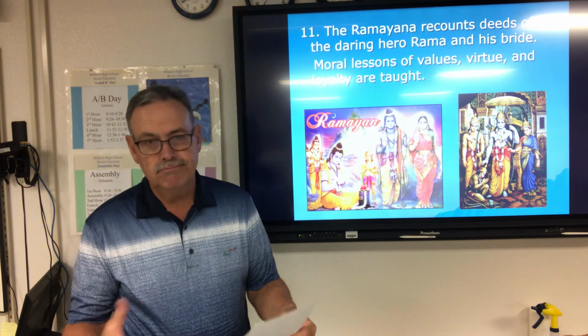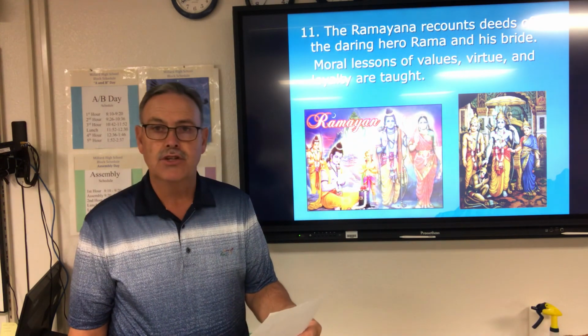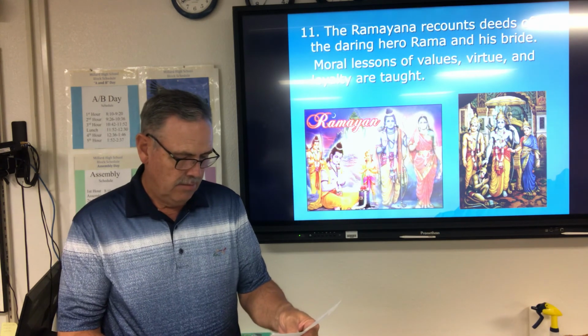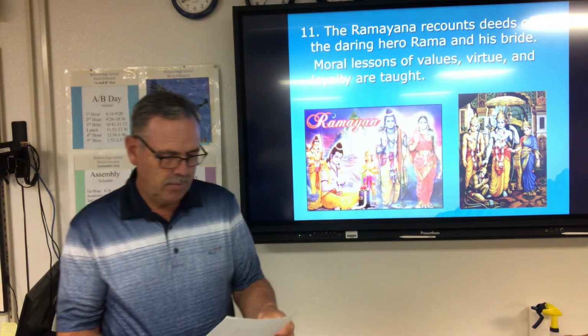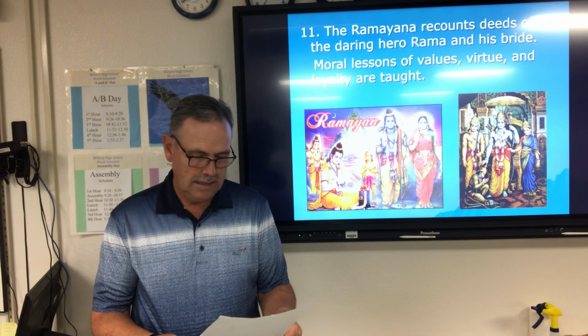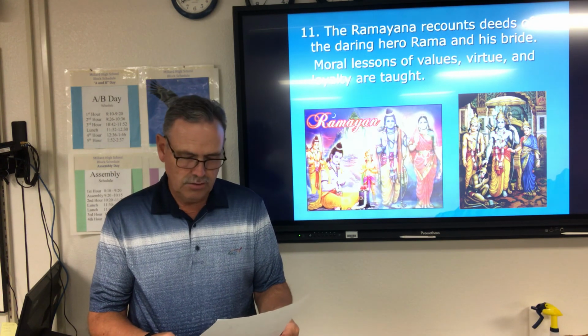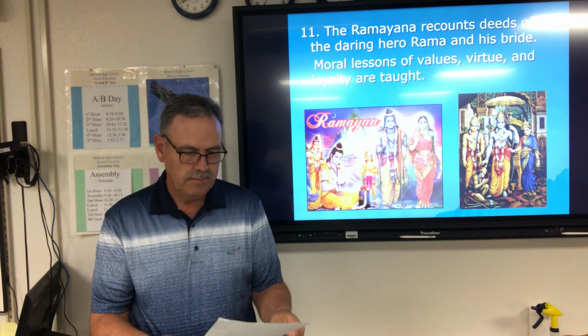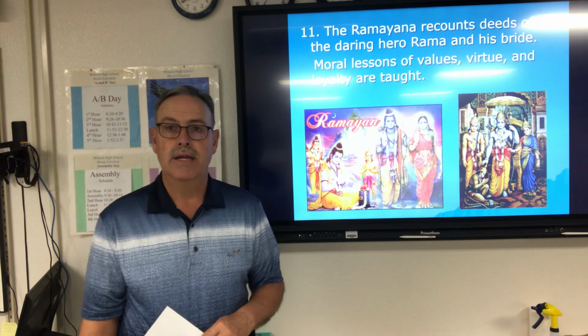Now, Rama was probably a fictional hero, but again, is still a major part of that story. This epic poem talks about moral lessons, different values, virtue, and loyalty taught throughout this story. And that concludes our page 1. Thank you.